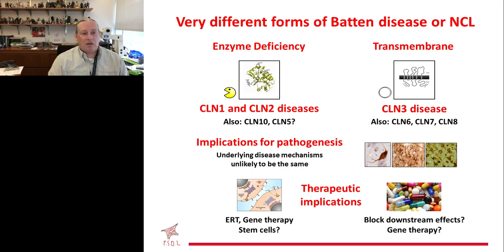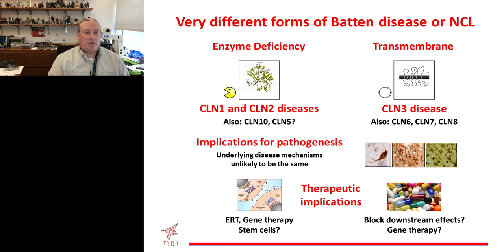Now, given that we have diseases that are caused by mutations in genes that have very different functions and are in different types of proteins, even in different places inside the cell, it wouldn't necessarily be a surprise that how things go wrong, which is another way of explaining the word pathogenesis, would be rather different between these different forms of the disease.